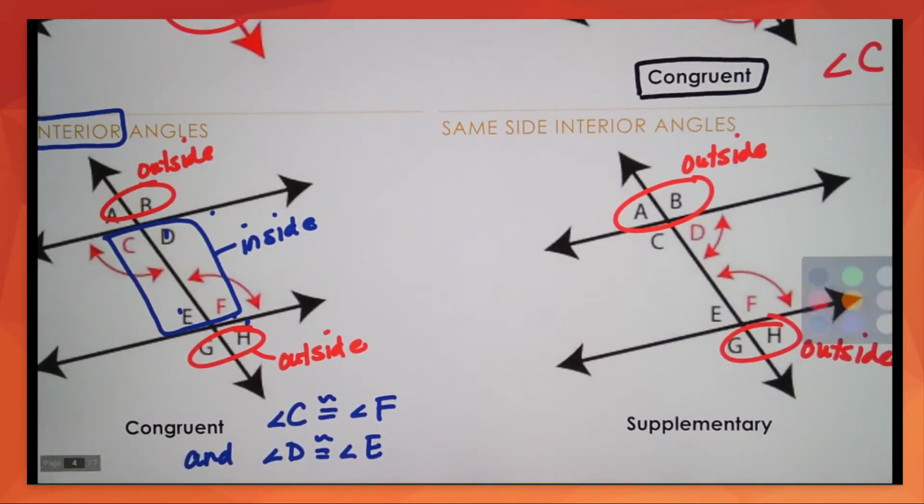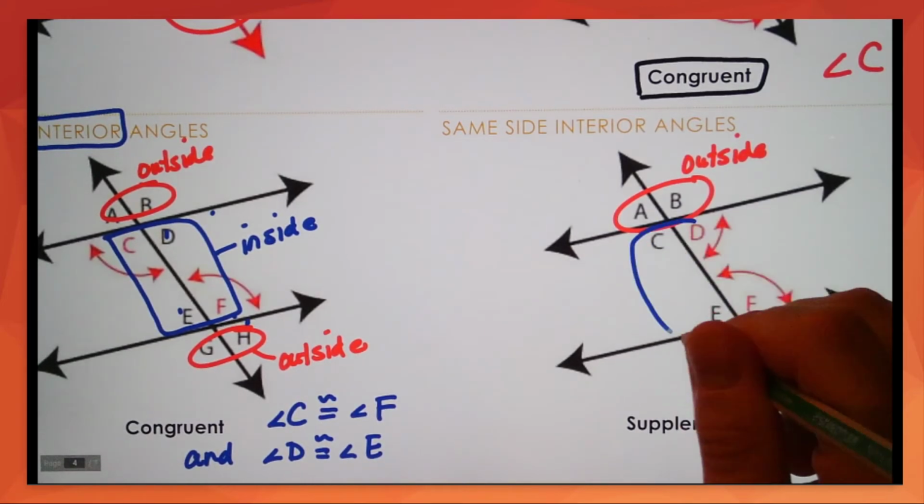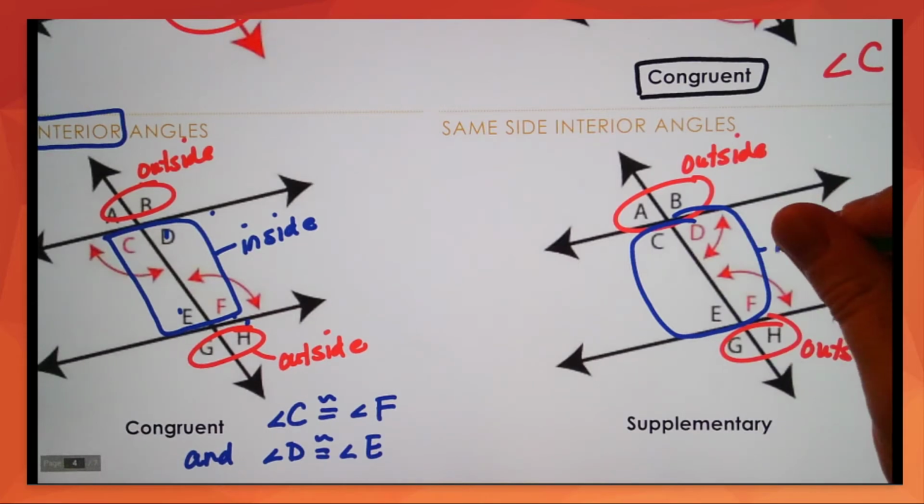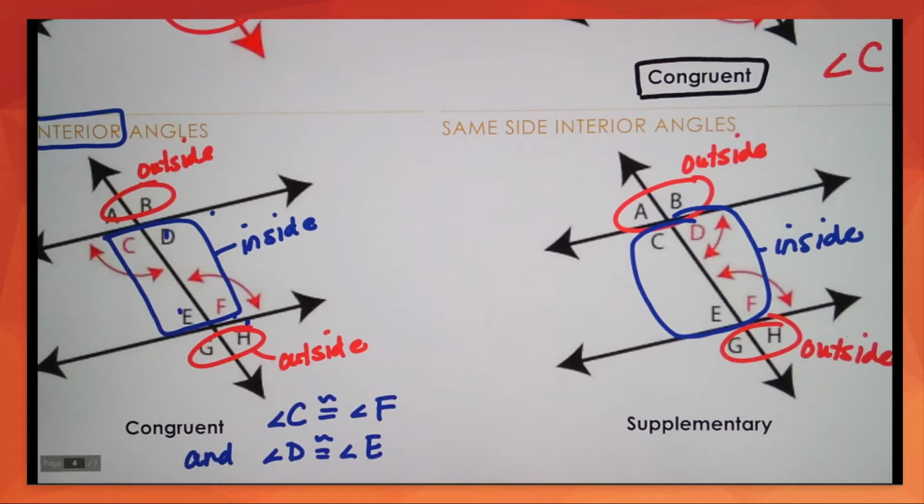So the interior angles are inside, and they are these four. Inside or interior. And then we're talking now about the ones that are on the same side of the transversal. So D and F are on the same side of the transversal. What they are is they are supplementary.